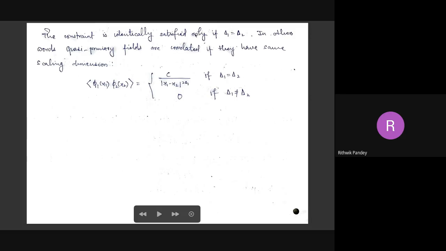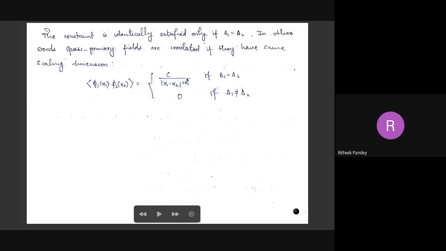So the constraint is only satisfied if delta 1 is equal to delta 2. In other words, quasi-primary fields are correlated if and only if they have the same scaling dimension, and a 2-point correlator takes the following form.